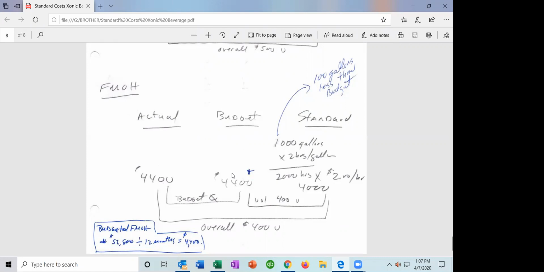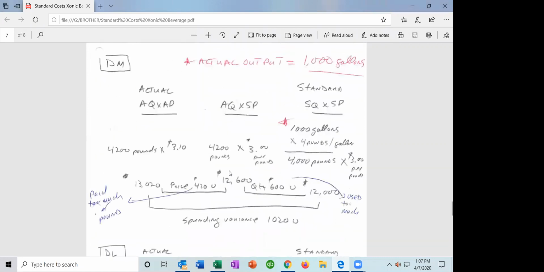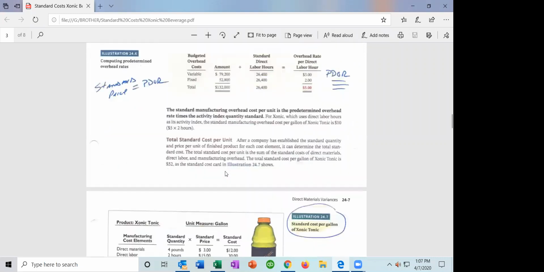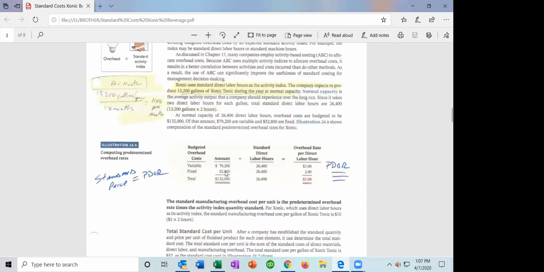So we have to go back to the conversation about calculation of predetermined overhead rates. And what they gave us back here is they gave us the total estimated fixed overhead for the entire year at $52,800. So that is the budgeted number for the entire year.